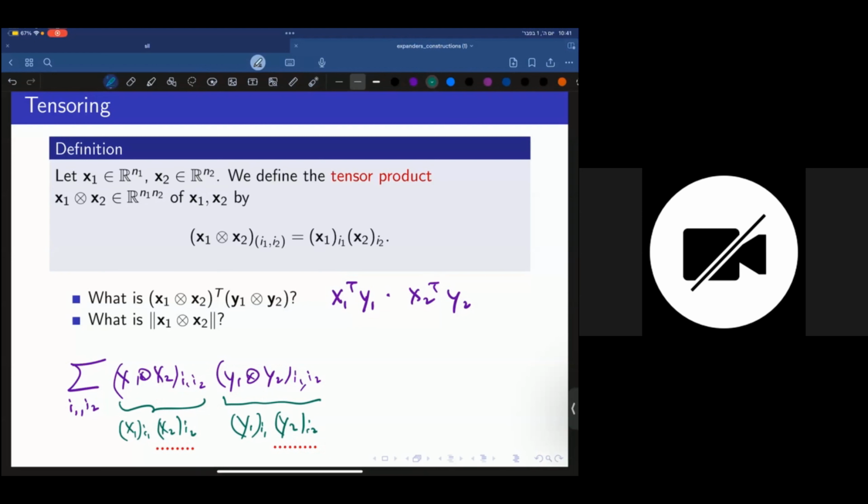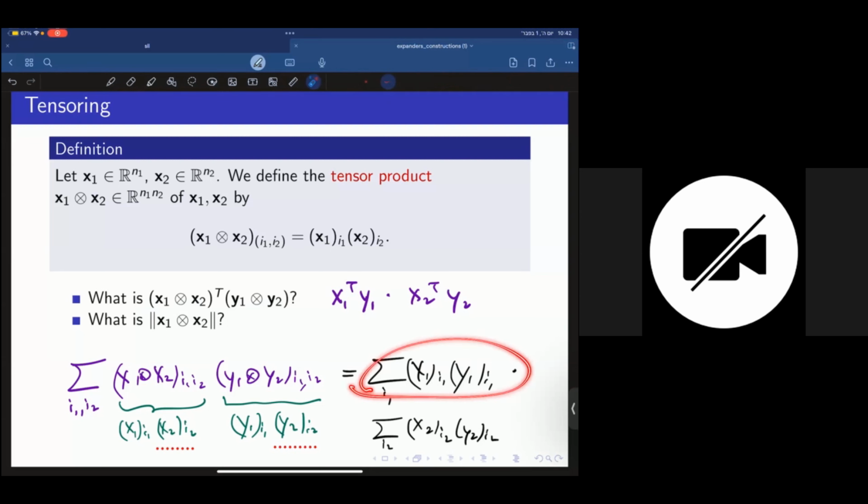So you can write it as x1 I1, y1 I1, times, because I1 and I2 are independent, they go over all these square options, you can just take the common factor x2 I2, y2 I2, and that's it. This is the inner product between x1 and y1, and this is the inner product between x2 and y2.